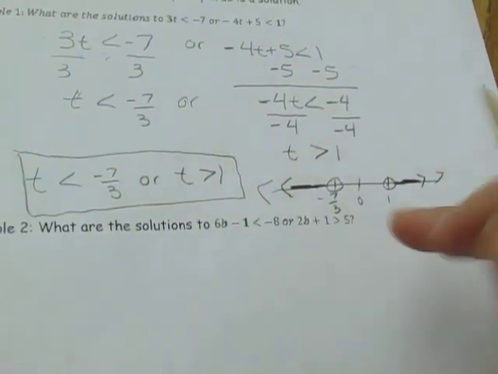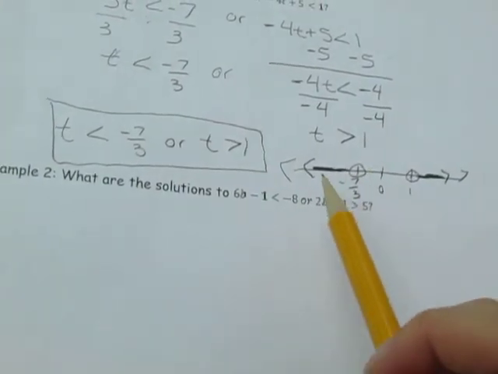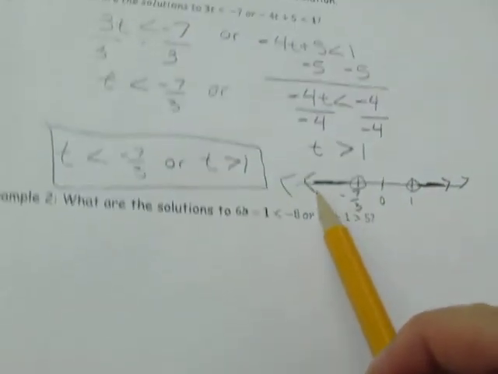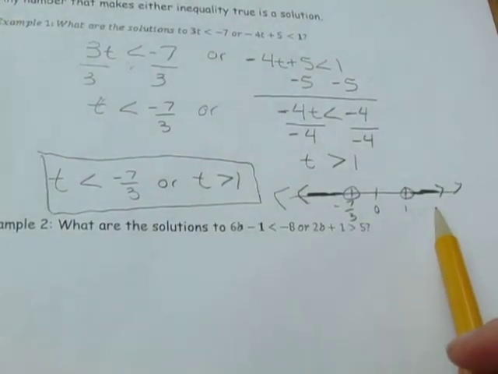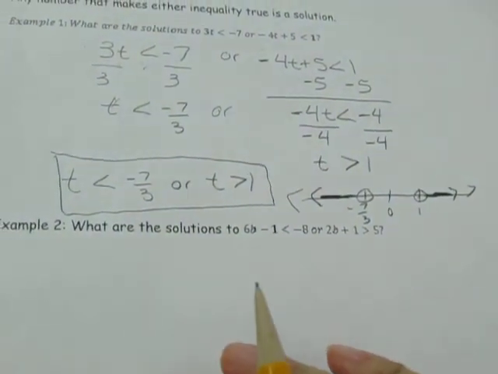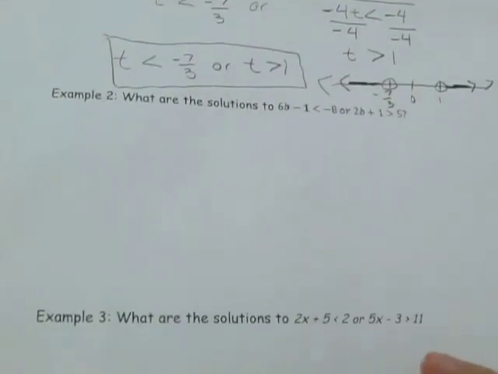Okay? So notice my solution could be anywhere in this interval, anything less than -7/3, or anything in this interval, anything greater than 1. So that's how I do the first one.